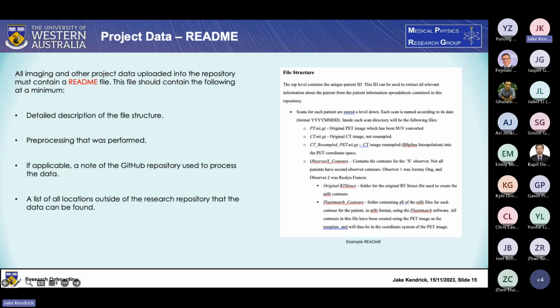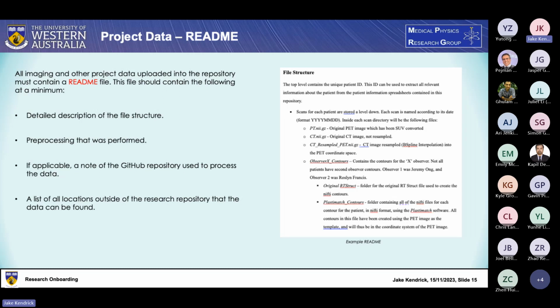Okay, so you can see I've said the scans for each patient are stored here. We have the patient ID at the top level, and then under that we have PET images. I've described exactly how those PET images have been pre-processed, so I've converted them into SUV. The CT images, original CT, not resampled, etc. So it's all exactly clear what every single file within this structure actually refers to.